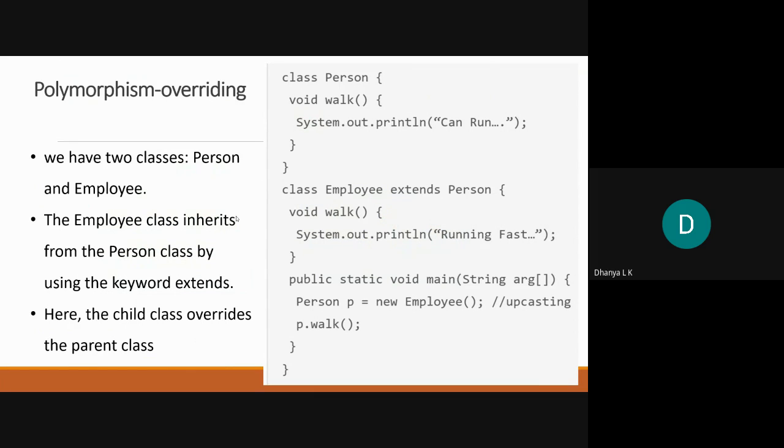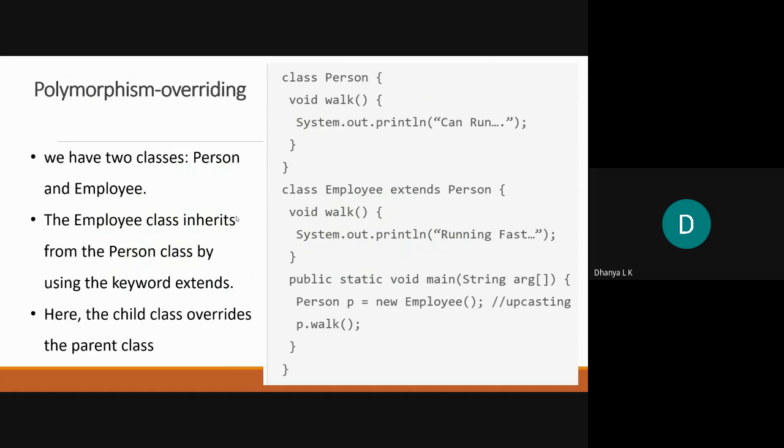This is an example in Java, where Employee is the child class and Person is the parent class. Function overriding, method overriding, runtime polymorphism, and dynamic polymorphism are all the same terms, and this can be implemented with inheritance only.